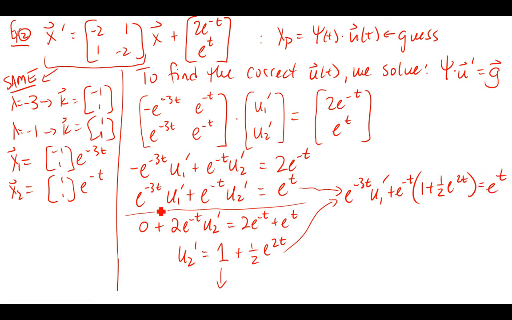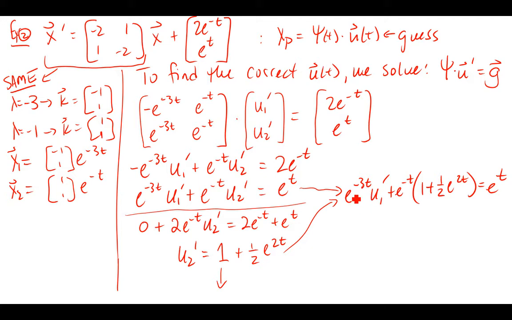So I just took the second equation, and I dropped that thing in for u2 prime. Now, this looks a little messy, but I think I'm going to be able to rewrite this as u1 prime equals stuff with t's. Maybe I'll clear this out.